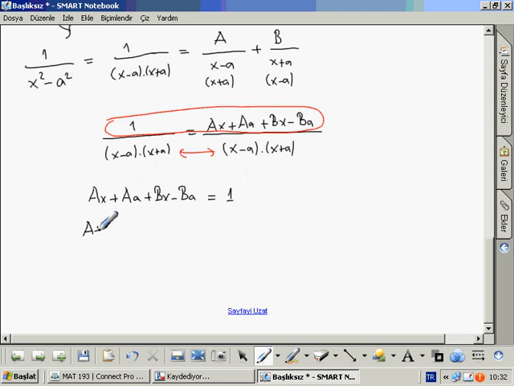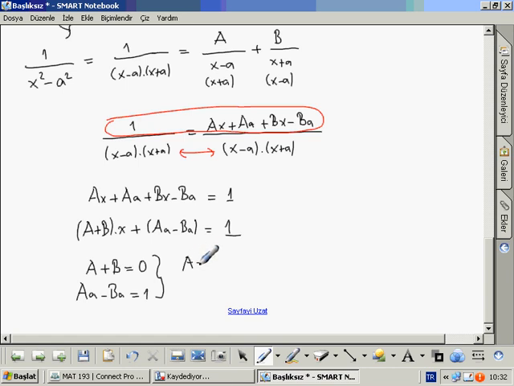So A plus B times x plus Aa minus Ba equals 1, and we know that A plus B equals 0, and Aa minus Ba equals 1.